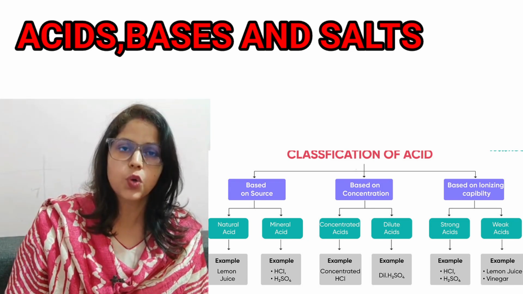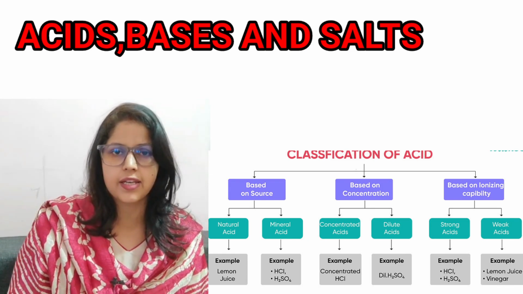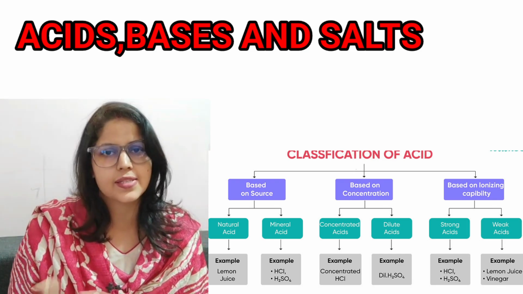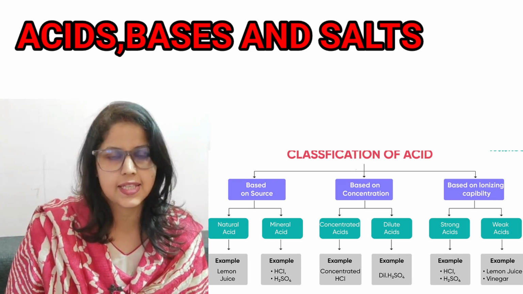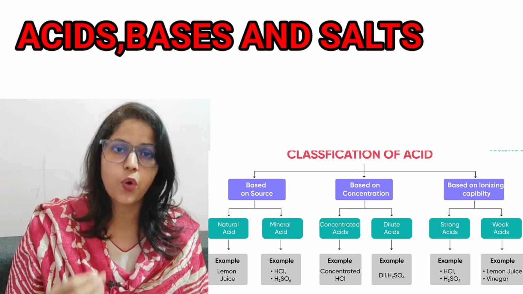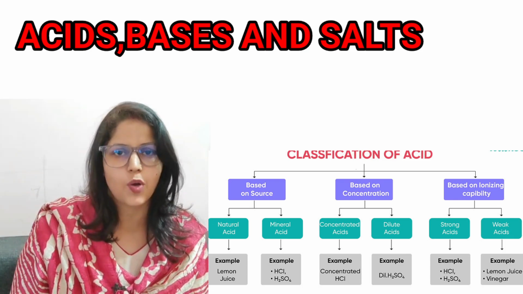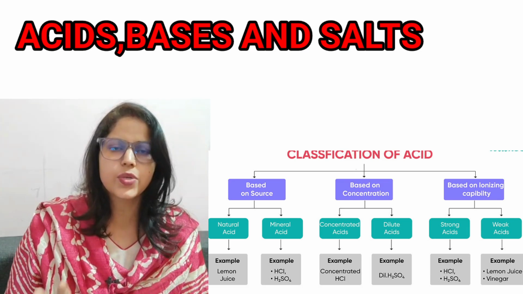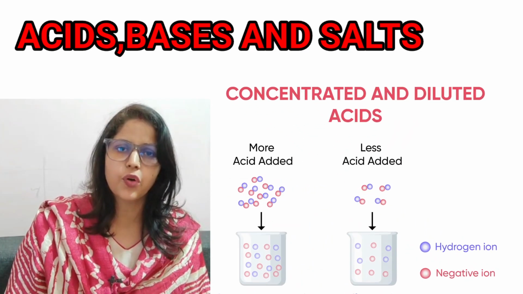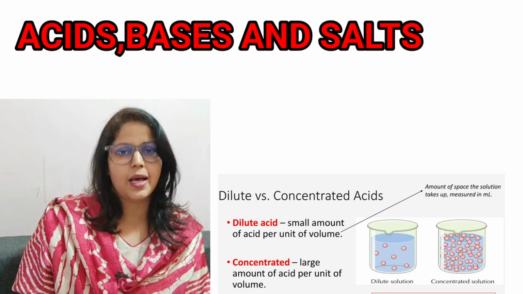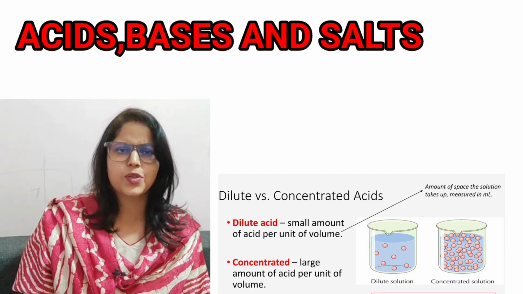On the basis of source, they are divided into natural or organic acids and mineral or inorganic acids. And on the amount of water present, they are divided into dilute acid and concentrated acid.